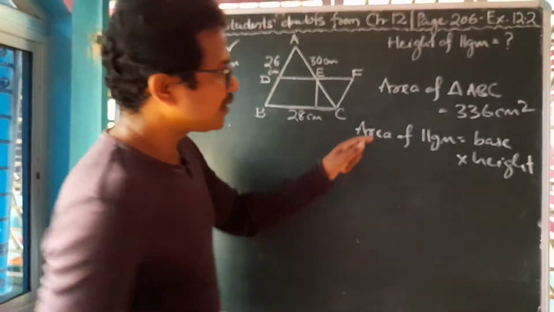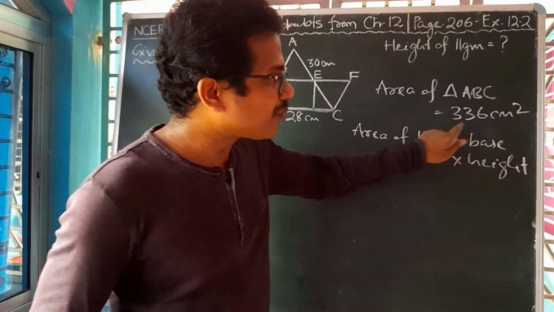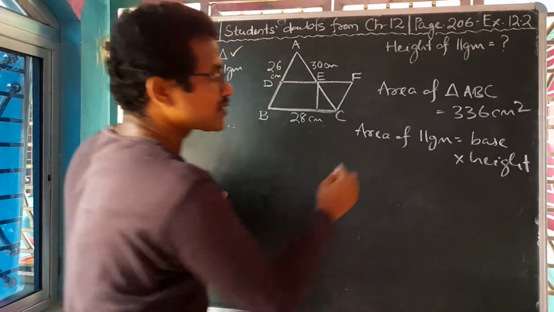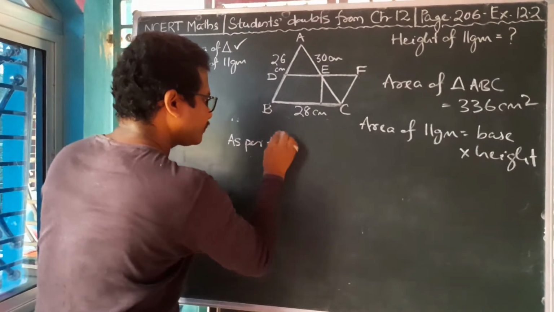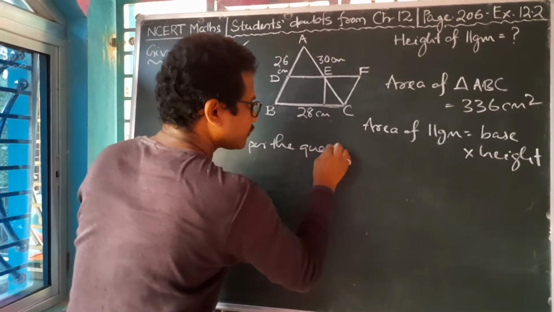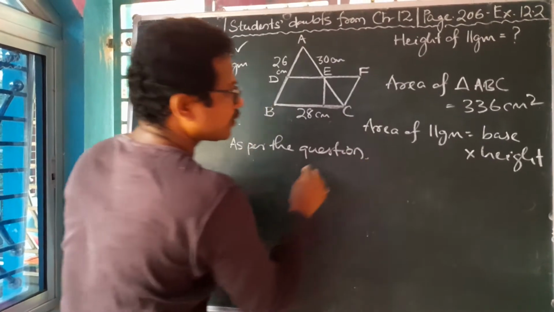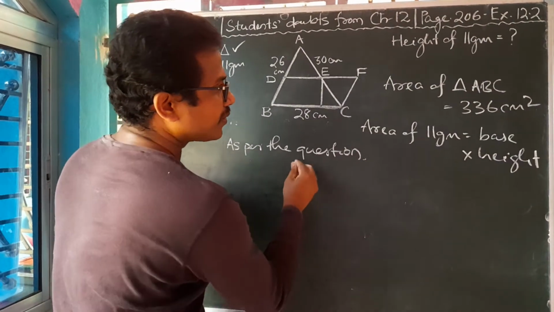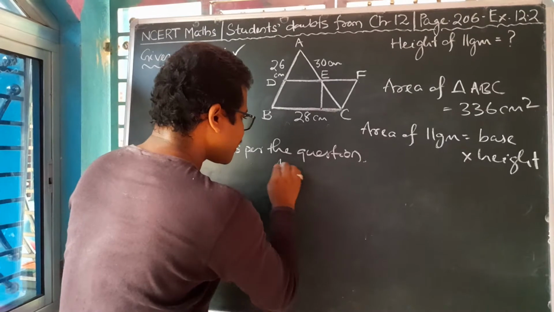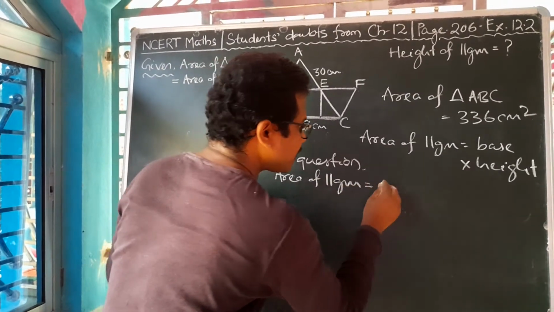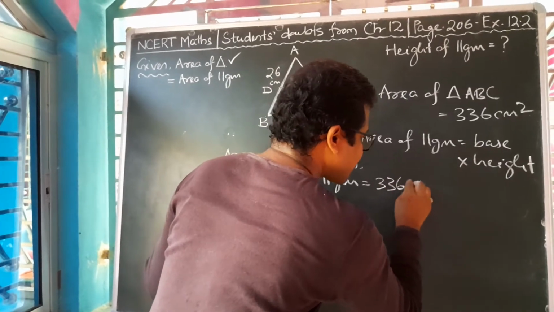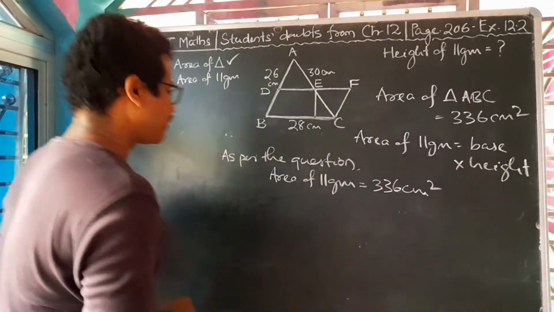It is given that the area of the triangle is equal to the area of the parallelogram. That means, as per the question, area of parallelogram is equal to 336 cm square.